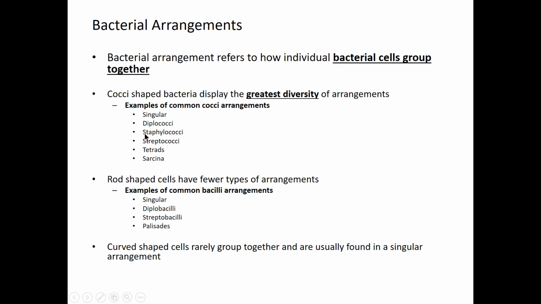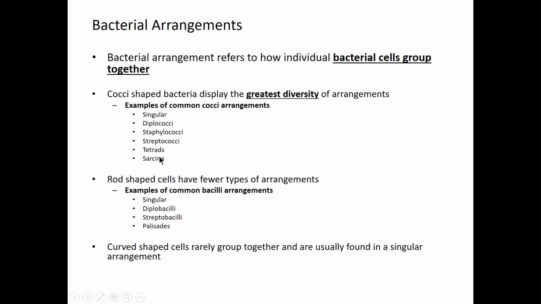Now, some of these terms get a little more confusing because they go back to some of the Latin derivatives. Staphylo is in reference to a cluster. So staphylo means clusters of cocci. Strepto means a chain. Streptococci are chains of cocci. Tetrad is four. This is a group of four cocci.